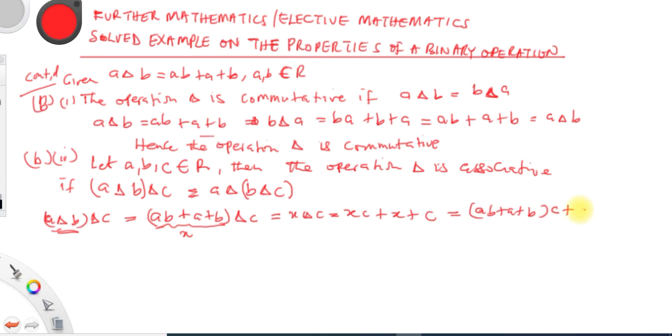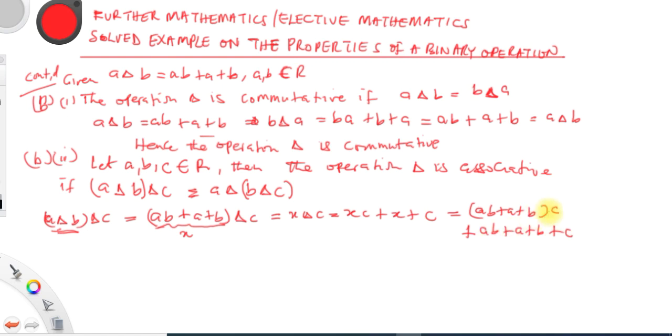Okay, and then plus X. Let me come down here. Plus X, and X is AB plus A plus B, and then plus C is what you have.